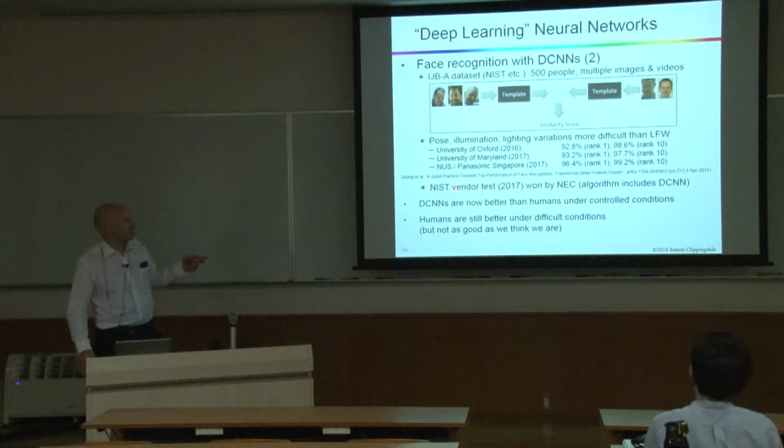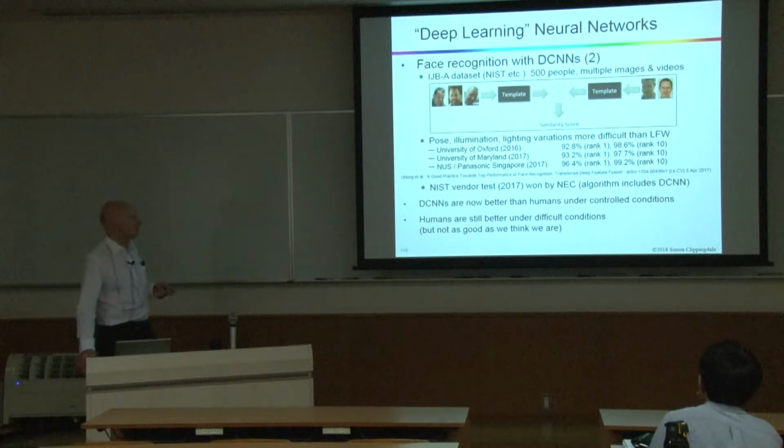The vendor test run by NIST was won by NEC from Japan, whose algorithm includes a deep learning and a bunch of other recognition techniques. Deep learning networks are now better than humans under controlled conditions.